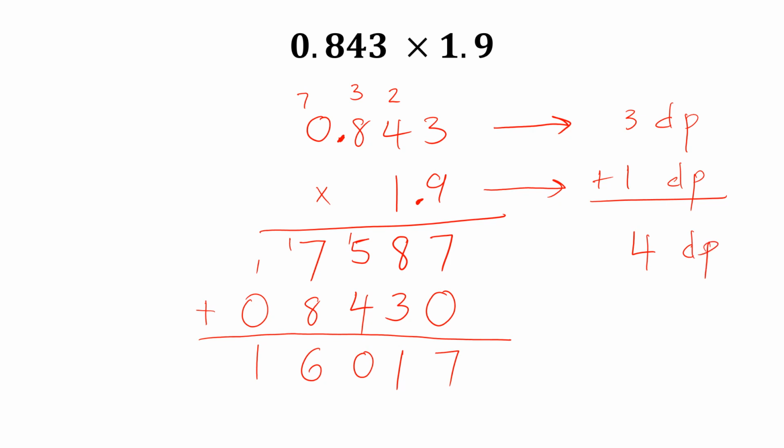That simply means our decimal point will be between the 1 and the 6. Hence, the answer is 1.6017.